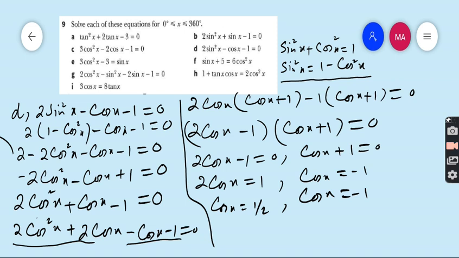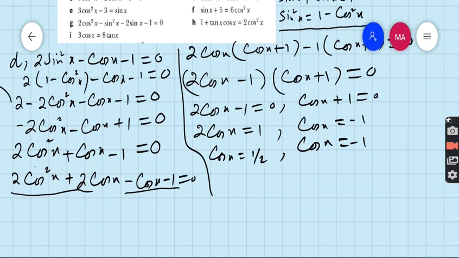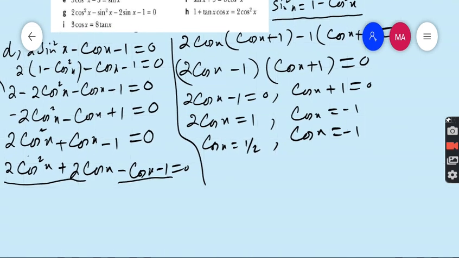Now we have two equations. We will solve both equations one by one. For this, cos x is equal to 1 upon 2, which is positive, and cos is positive in the first and fourth quadrant.